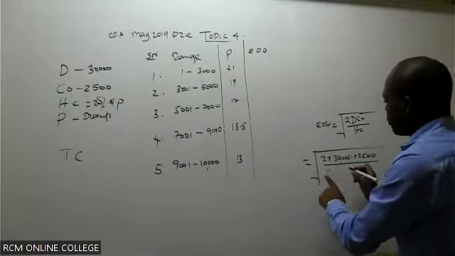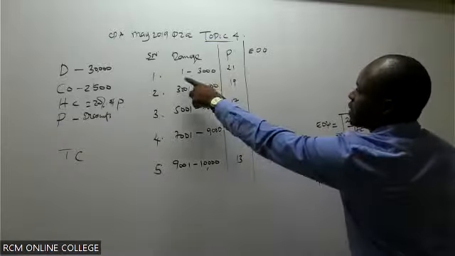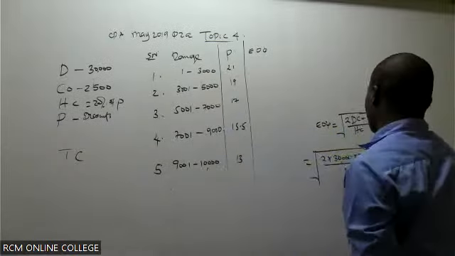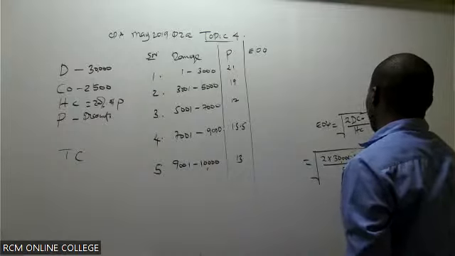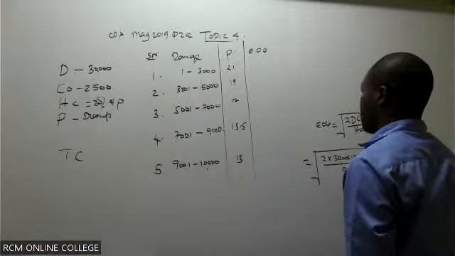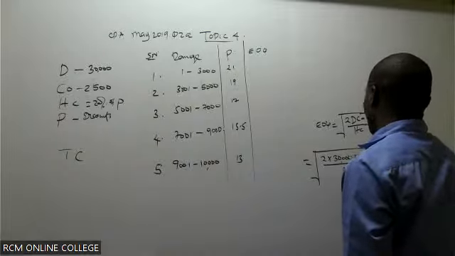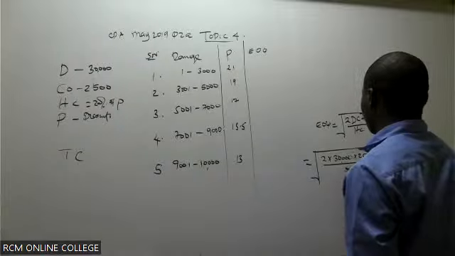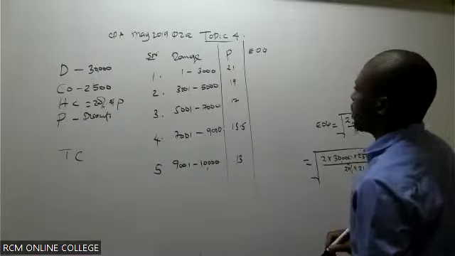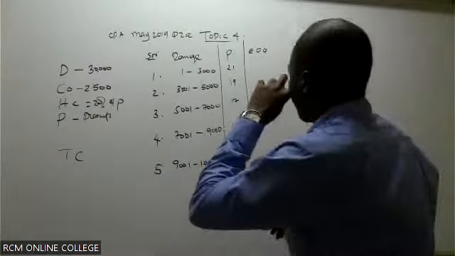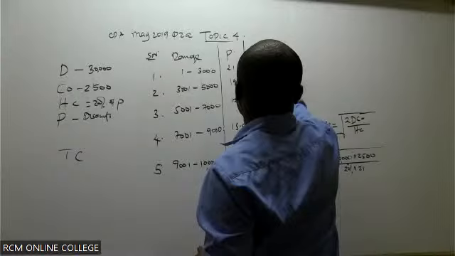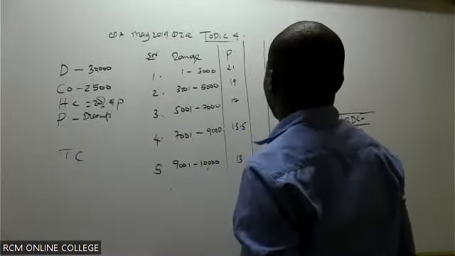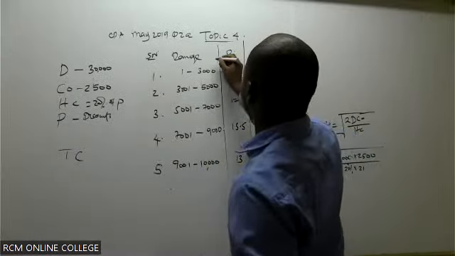So I will come here and put my holding cost. The first one, I'm told holding cost is 20%, which is the same as 0.2 multiplied by purchase price, which is 21. Or you just put your 20%. I can decide to create space here for that holding cost because I'm going to use it somewhere.